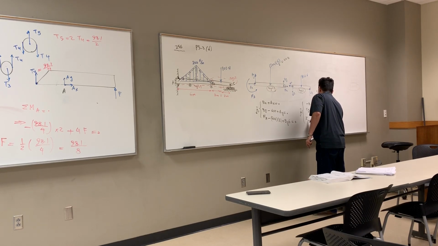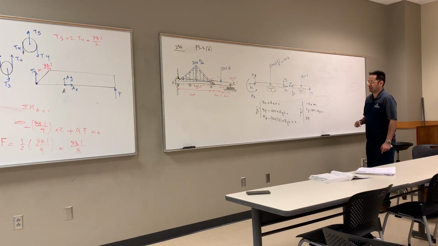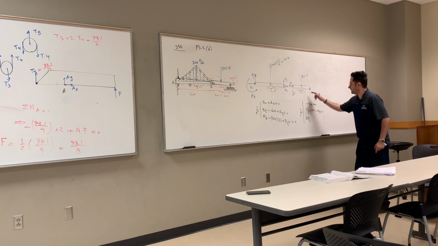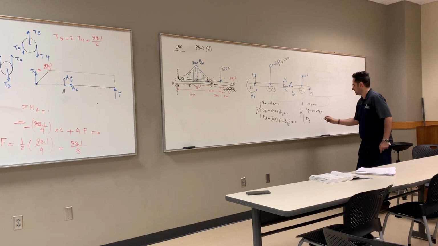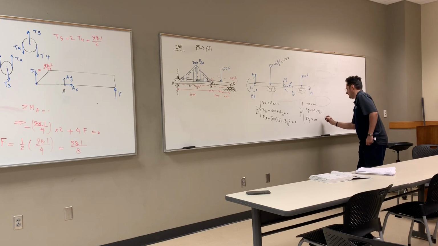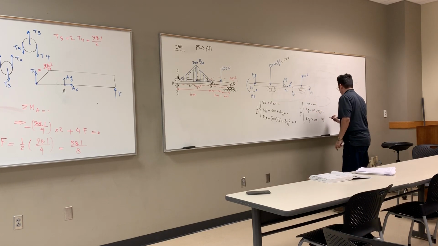And summation of moment around any point should be equal to 0. I would take Cy on C. Summation of moment around C should be 0. So then I get Dy times this length, which is 4.